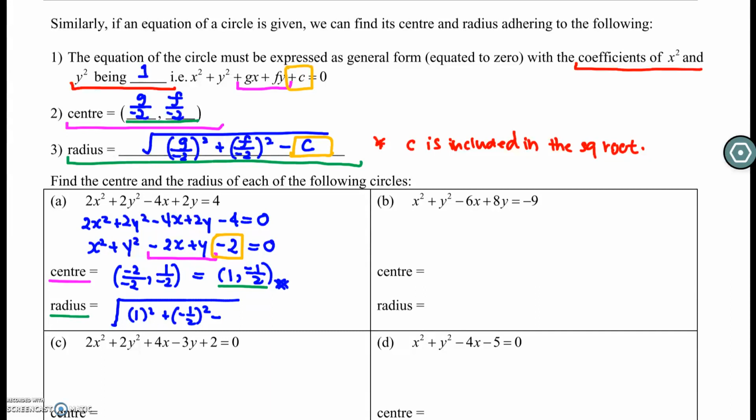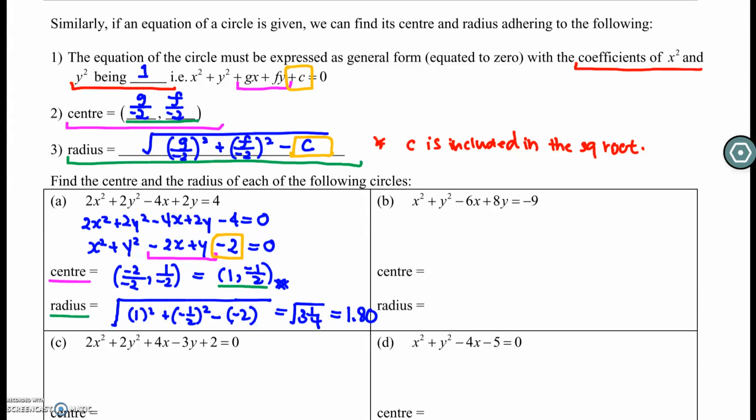So our c is -2, so we write down minus -2. Do ensure that your square root includes our c. So the value that we will get after we key in our calculator is 3 1/4. So square root of 3 1/4 in 3SF, you'll get 1.80.